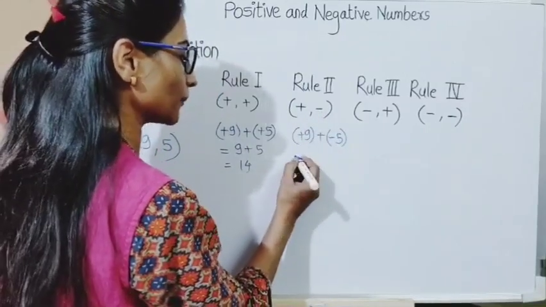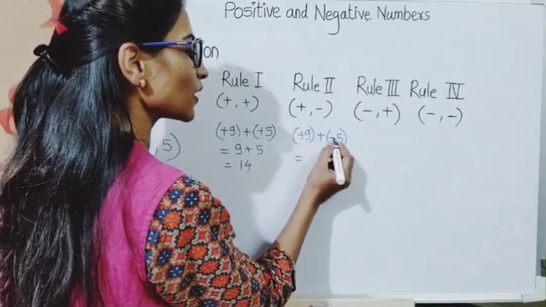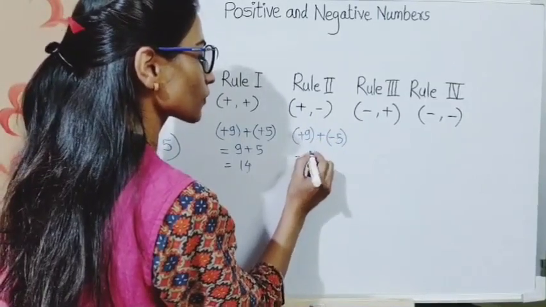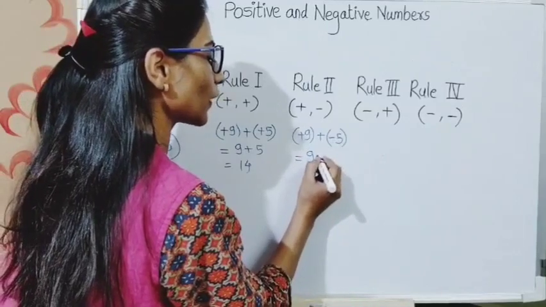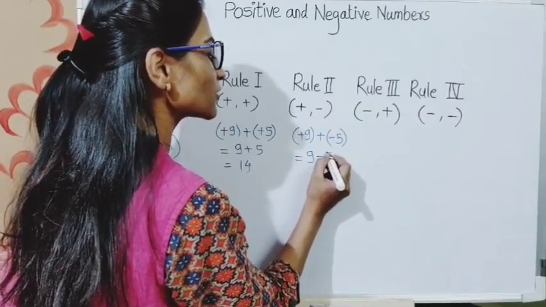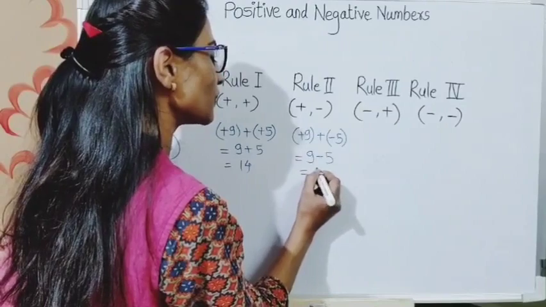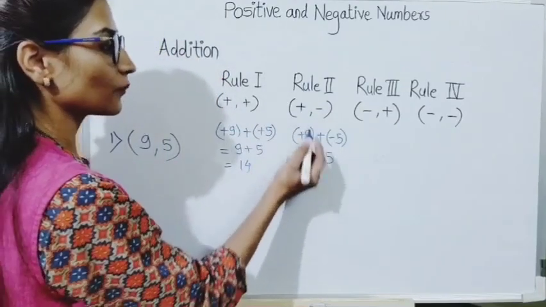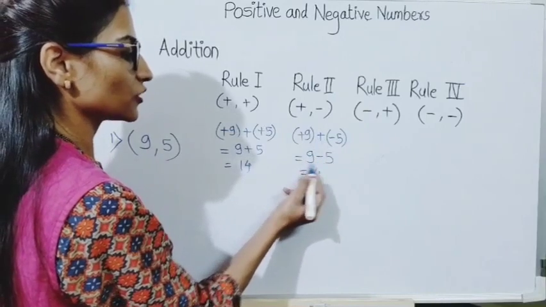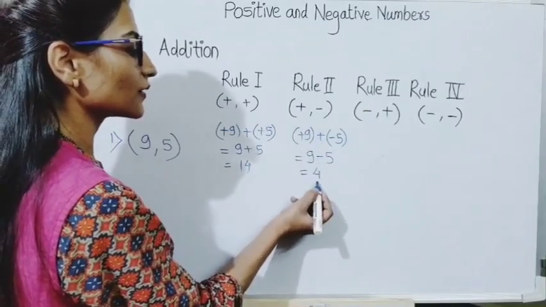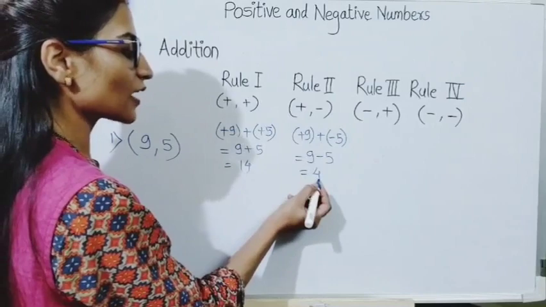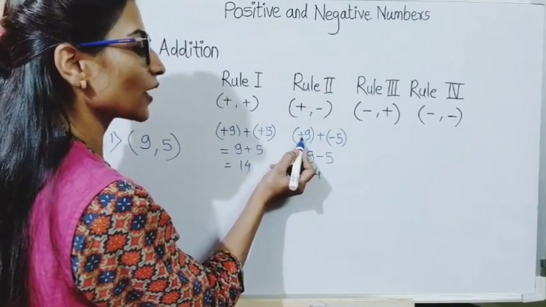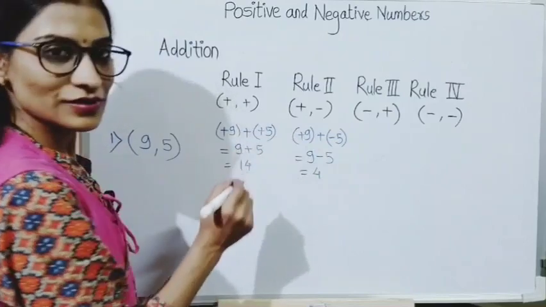Then the plus sign becomes minus, meaning the sign gets changed because of this negative 5, and here 9 minus 5 will come and the answer will be 4. So according to the second rule, addition becomes subtraction here, and the resultant answer is 4, and this answer has a positive sign because the biggest number has a positive sign.